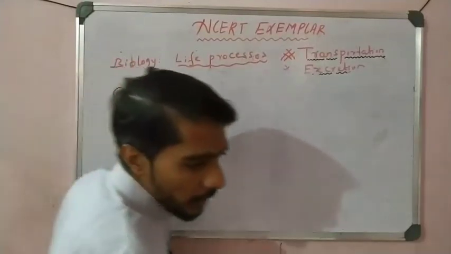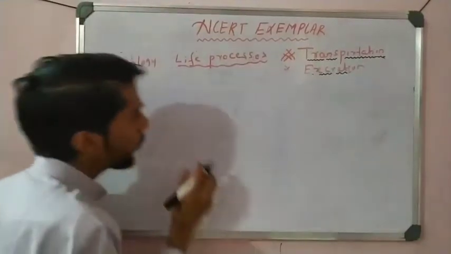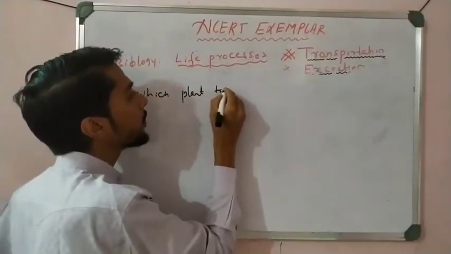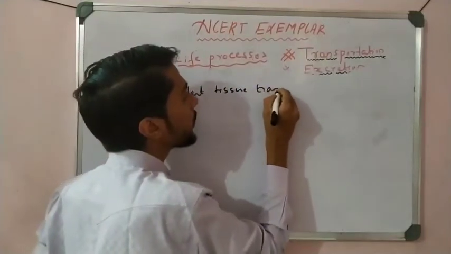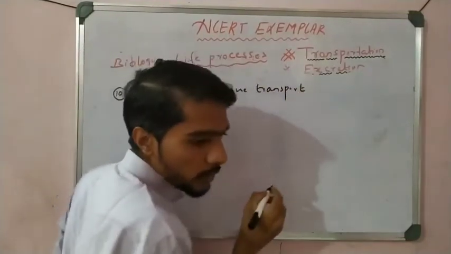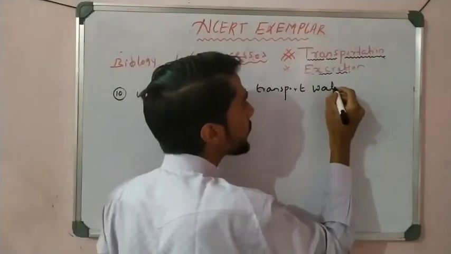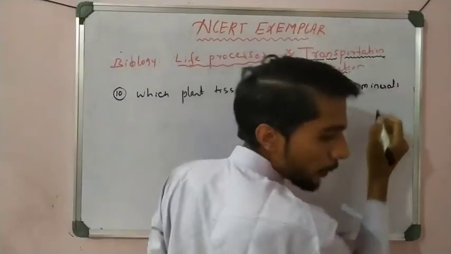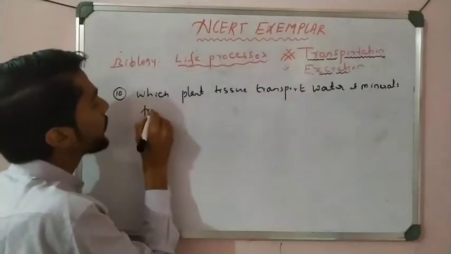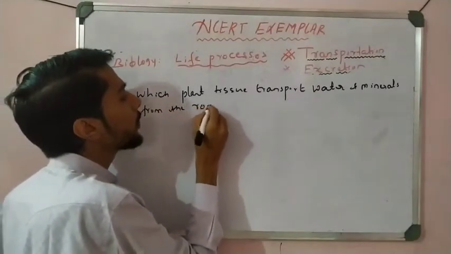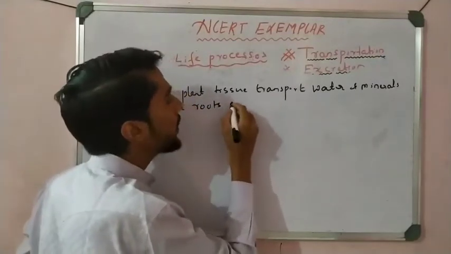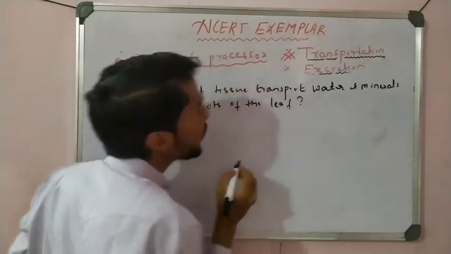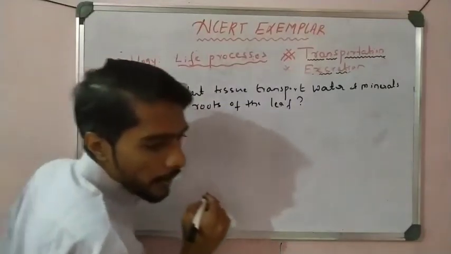Question number 10: Which plant tissue transports water and minerals from the roots to the leaf? Option A, xylem.